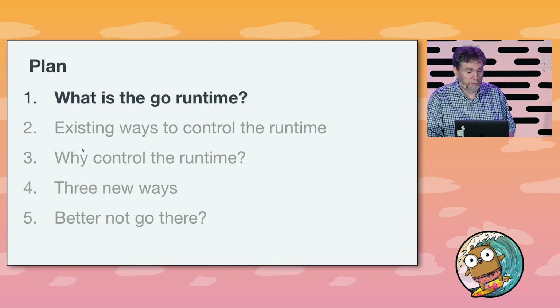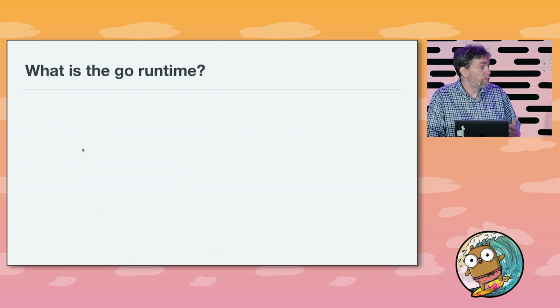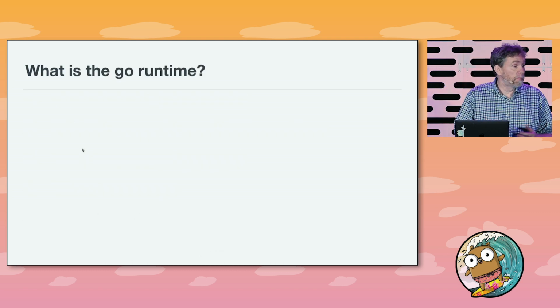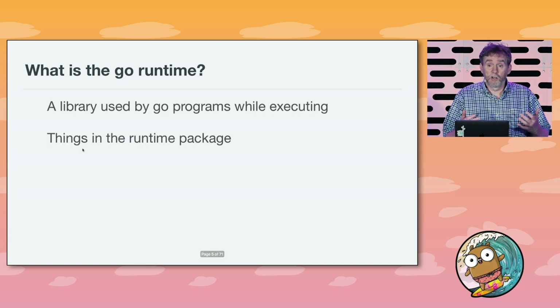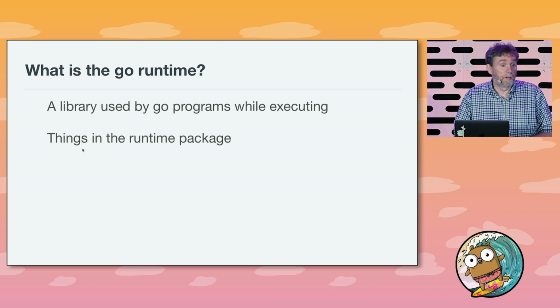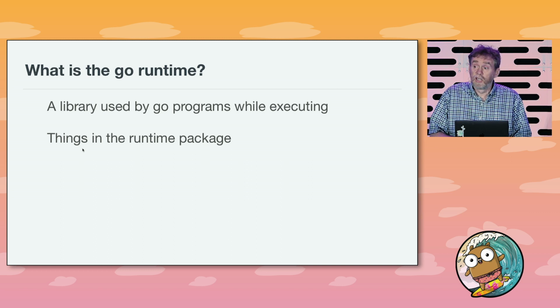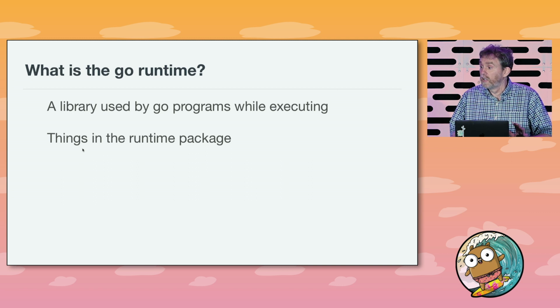So let's get started. A reminder, probably for many of you, but just so we're on the same page: what is the Go runtime? I think we could think of it as a library used by Go programs while executing. And what sort of library is it? Well, have a look in the runtime package in the standard library. It's that stuff in there.